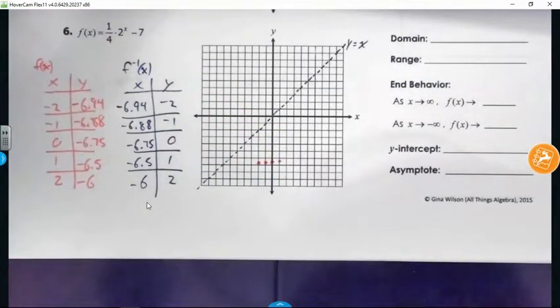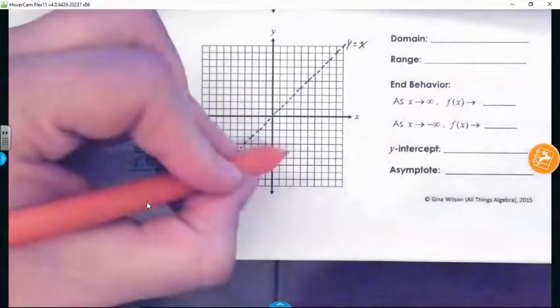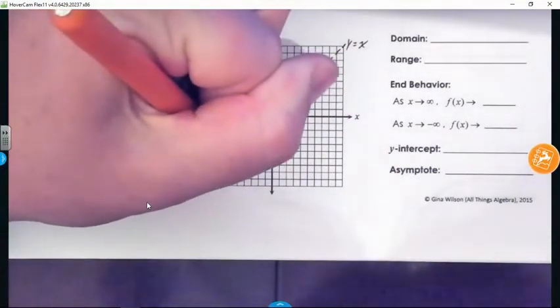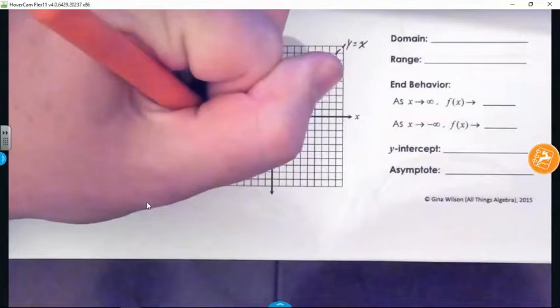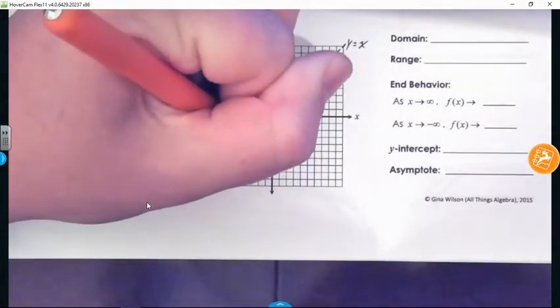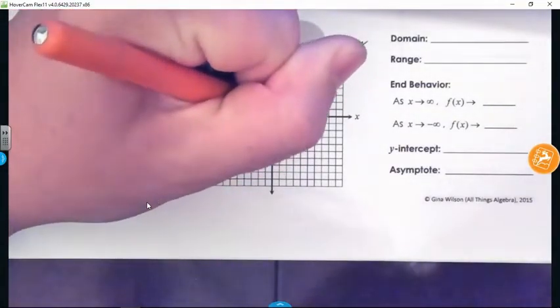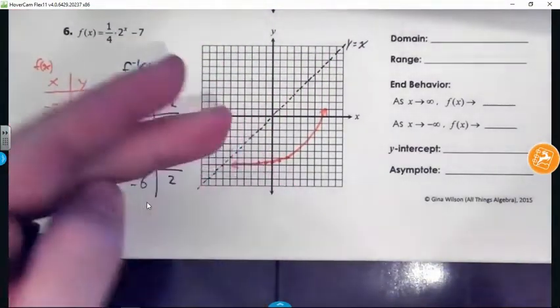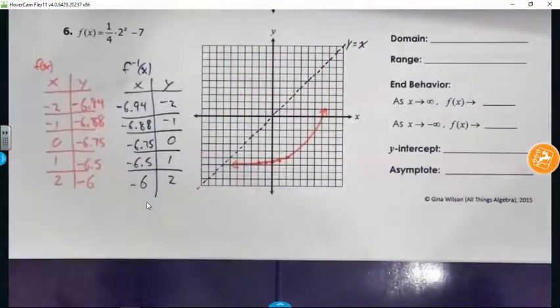And then we have 2 and negative 6. So we see that this graph is going to approach this negative 7, and it's going to slowly stretch up like that. So when we reflect it, it's going to come over here and kind of look like the start of a heart. So let's go ahead and look at that one.